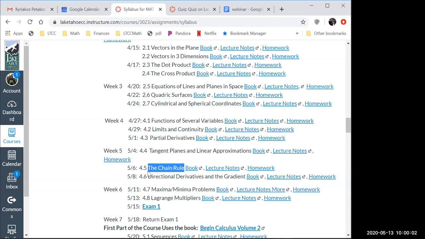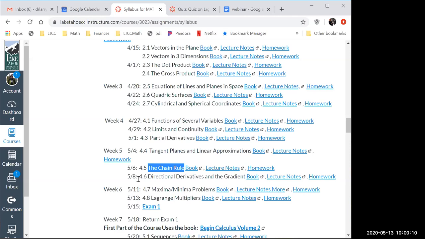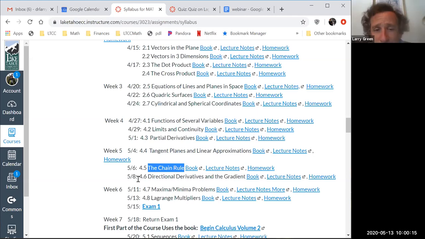Okay, chain rule, which actually is bad grammar the way it's written in the syllabus. How come? Because that might imply the chain rule of just a single variable. Yeah, but even more, it should be the chain rules. Because there's a lot of chain rules. And it's not memorizing all the chain rules, it's understanding the chain rule.